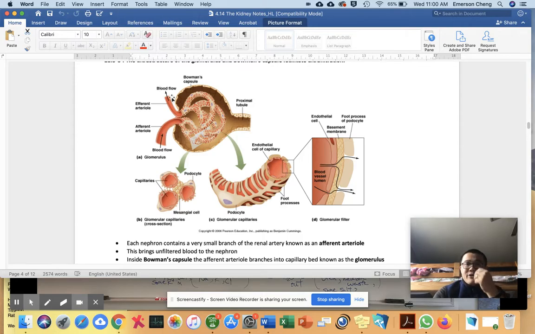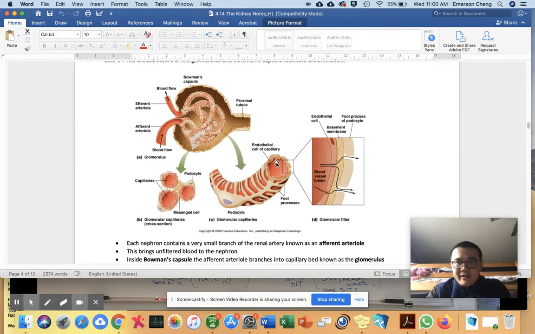As you can imagine, you'll have a traffic jam because all that blood that goes in will be bottlenecked. It will be slower leaving, but at the same time, the blood in here will be under high pressure. It's like a traffic jam. This high pressure will push the blood out of the blood vessel.